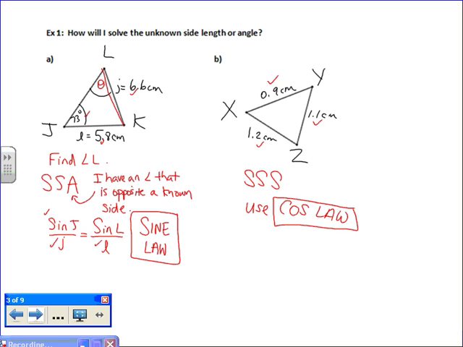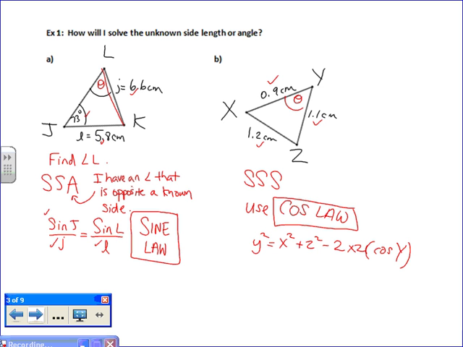If we were looking for an angle, let's say we're looking for angle Y here, then I would set up my cosine law: y squared equals x squared plus z squared minus 2xz times the cos of angle y. And I would have to rearrange that for cos of angle y.